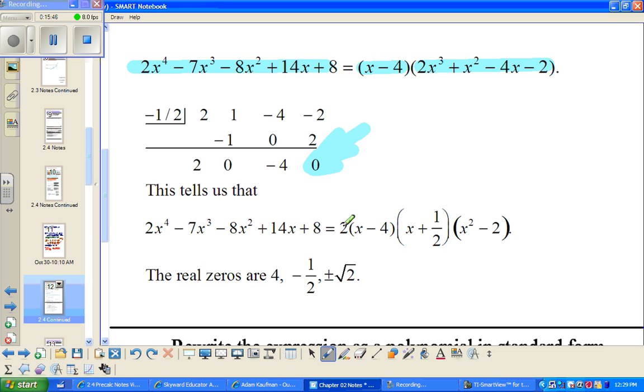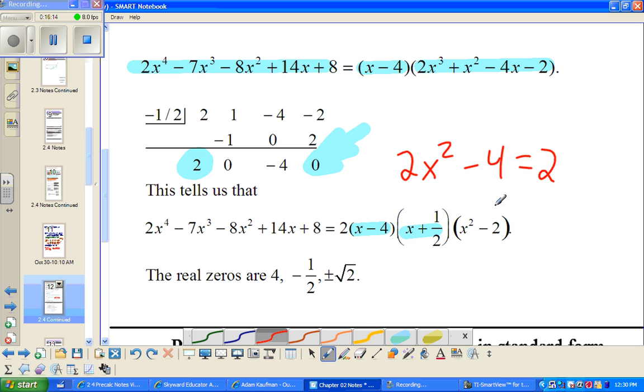That tells us that we can take an x minus 4 and an x plus 1/2 out, and since we got a 2 as a leading coefficient here, that would be 2x squared minus 4, which is 2 times x squared minus 2.